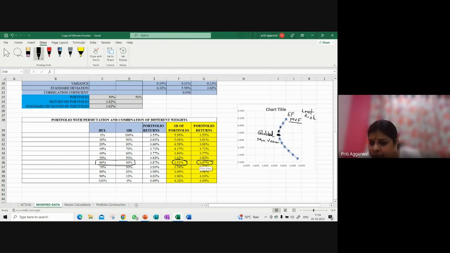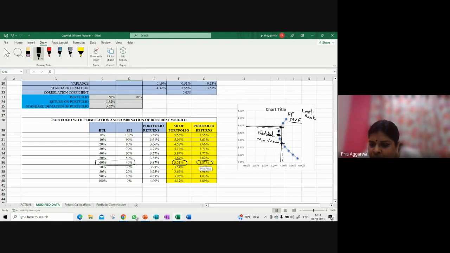So friends, if you check these two portfolios, let's say these two are the portfolios. You can see that if I draw this way, there is a portfolio over here.